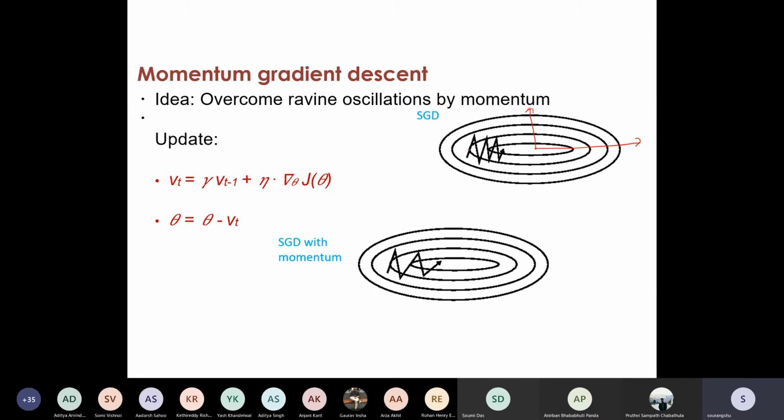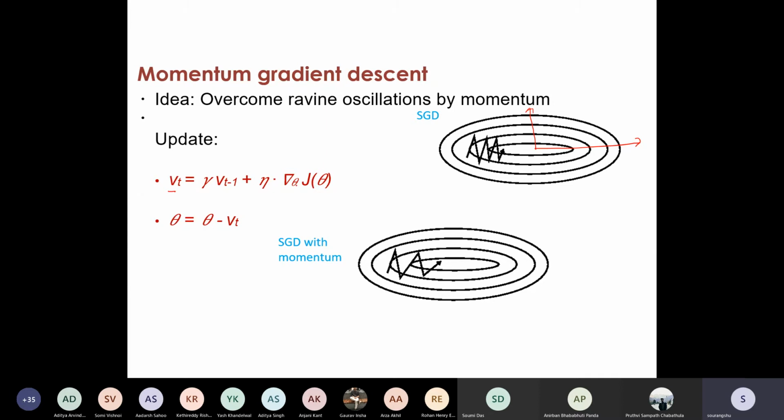Now, how to stop this kind of a zigzag pattern? This is addressed by a technique called momentum. This is a general technique used in optimization. What momentum does is, your VT here is the update direction.